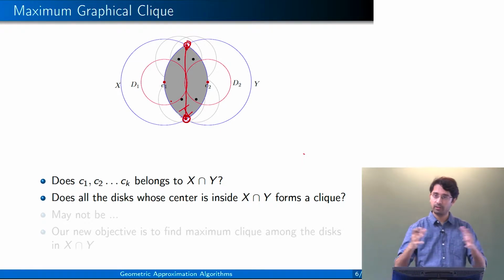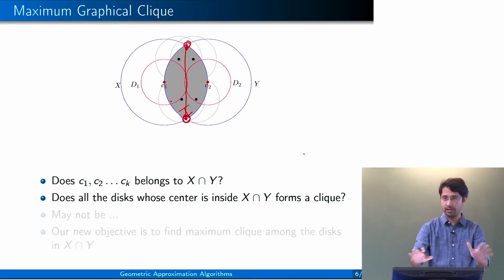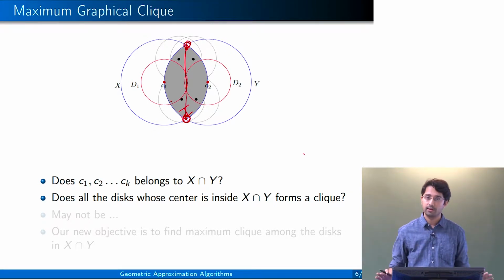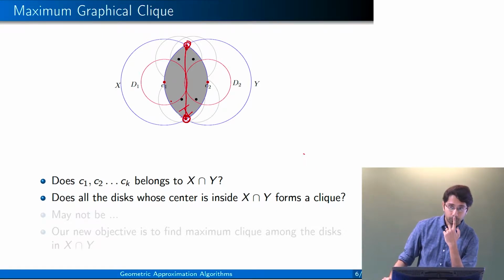So, I started with a clique problem for a plane. Now, we are trying to solve a clique problem for this region, where all the centers are in this region. The question is, did we gain anything from this extra information, that I have to find a maximum clique among the disks whose center is here?